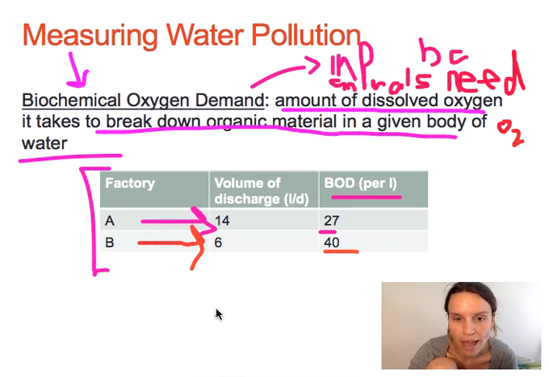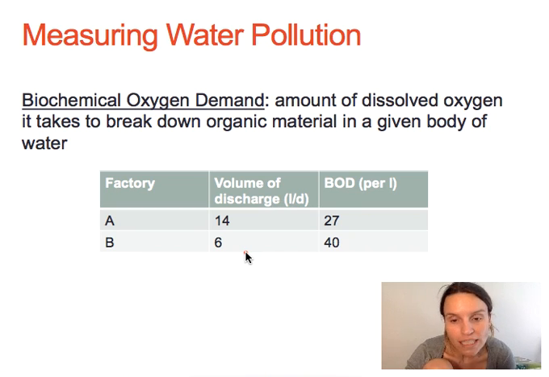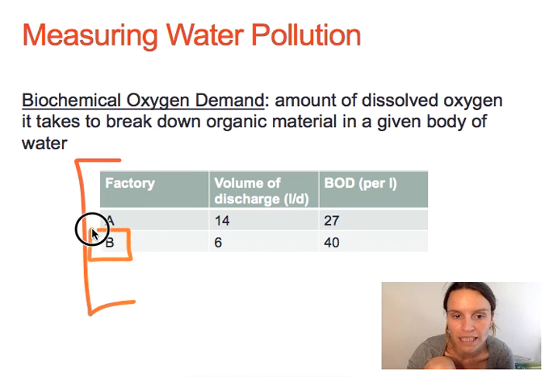So whatever that pollutant is that's in this discharge, it obviously takes more oxygen to break down the substance than factory A does. If you had to guess which of these was worse for the environment overall, you'd probably guess factory B, and that's fair.